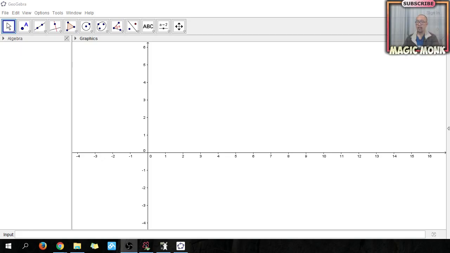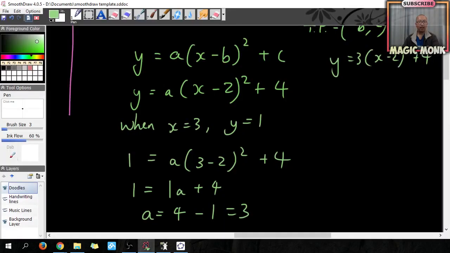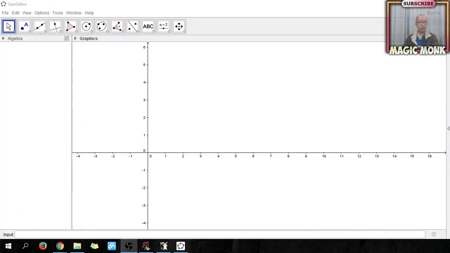So if I draw the equation, which was y equals 3 bracket x minus 2 squared plus 4.